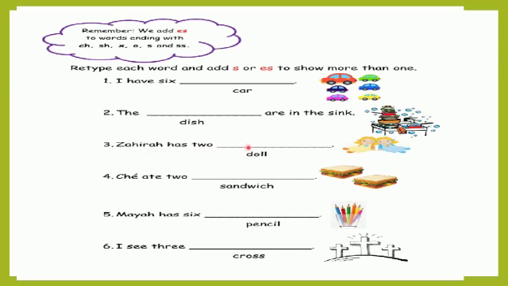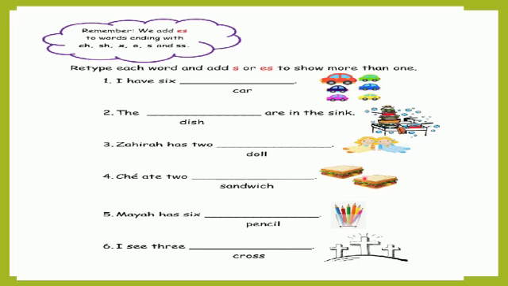Zaira has 2 dash. The word given is doll. How many dolls are there? 2 dolls are there. So D-O-L-L-S, dolls. To make it plural, we have to use S. She ate 2 dash.